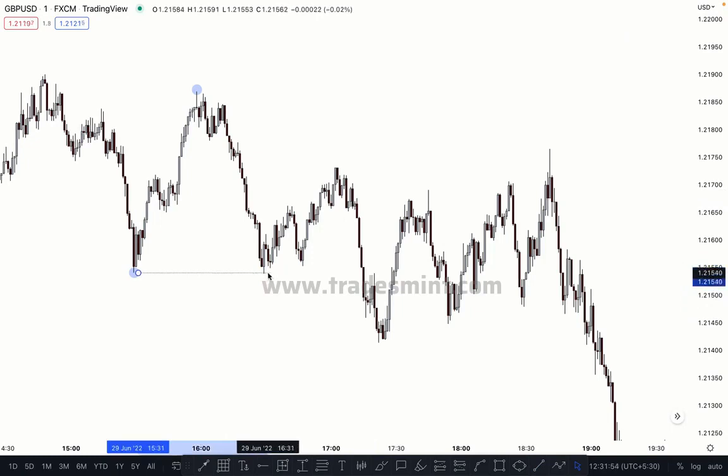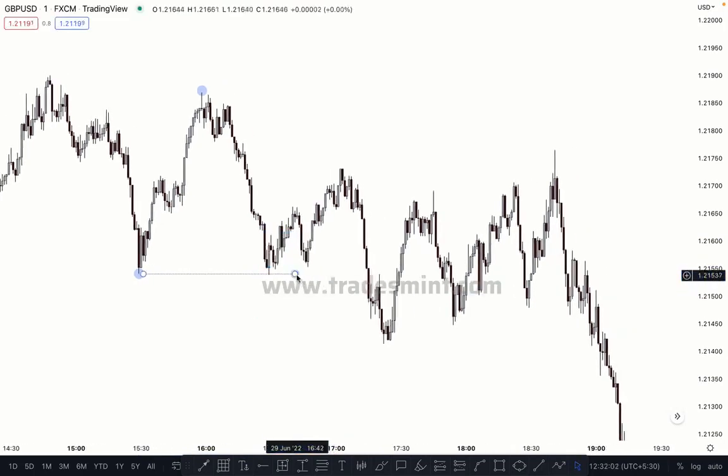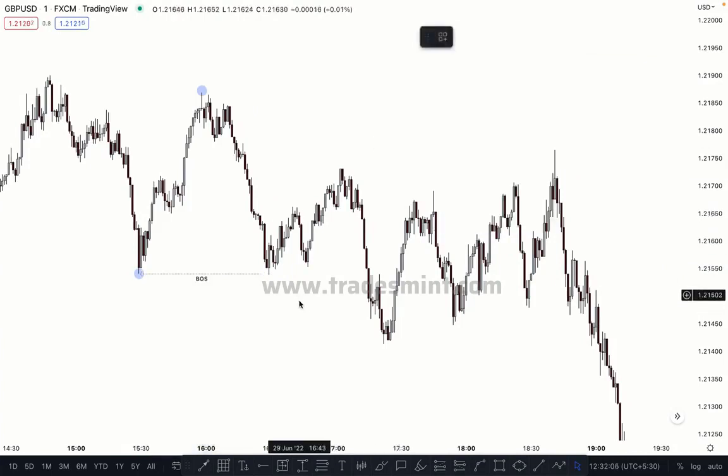So this one is not a break of structure, but most of the traders are looking here to buy, and they put the stop loss just below it, but we mark it as a break of structure, correct? So after this structure is broken, what is the entry criteria? As a smart money trader, what do most traders think here after this structure is broken? Most people look here to sell.